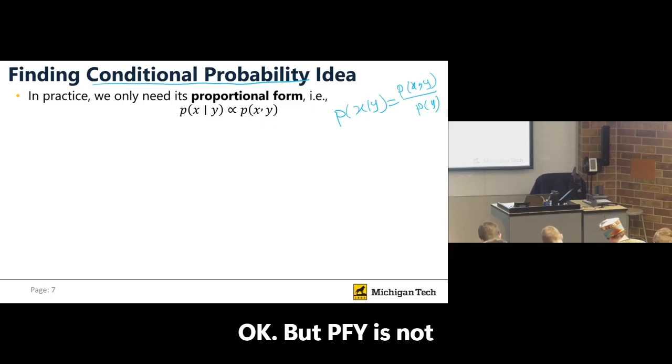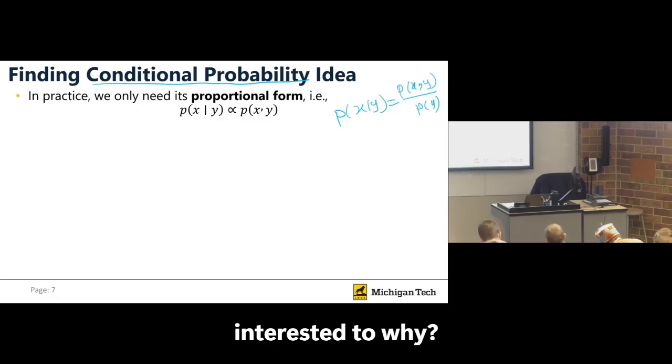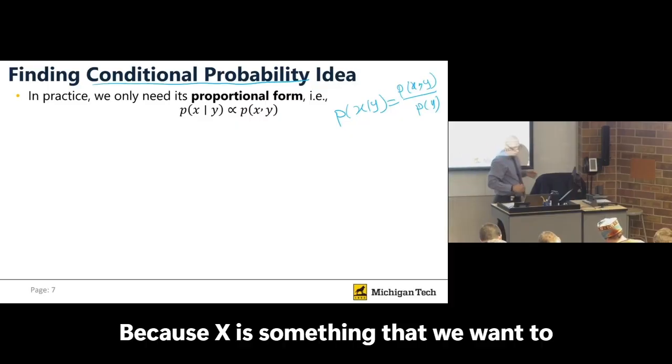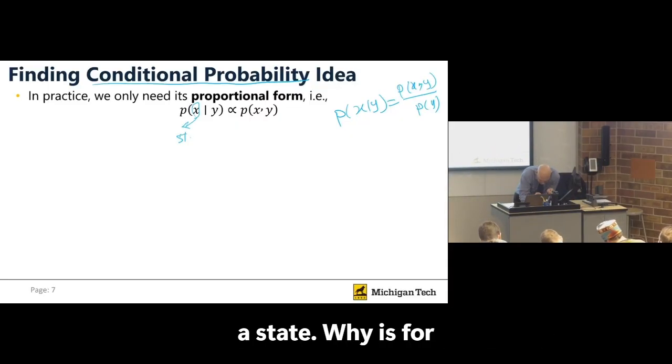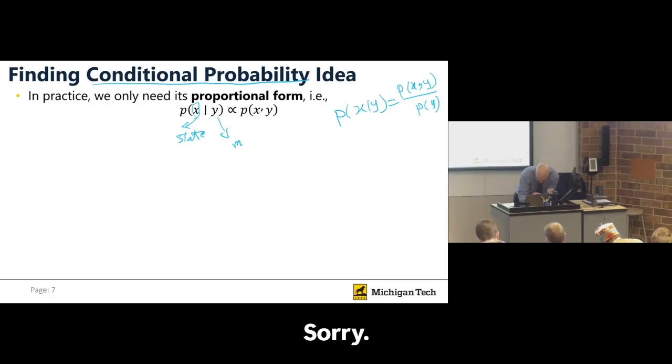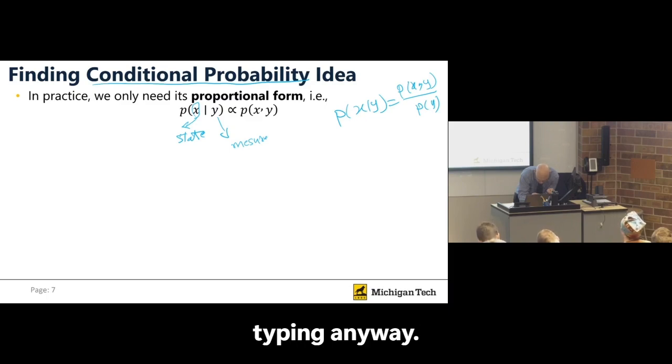But P of y is not important for us. Why? Why are we not interested in y? Because x is something that we want to optimize. X is our variable. X is our state. Y is, for example, just measurement. Sorry. Measurement. I don't know why it's not typing. Anyway.